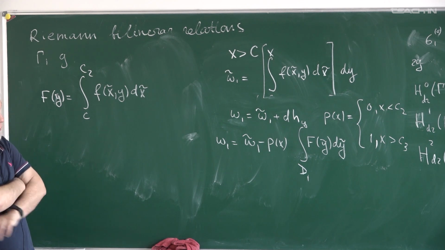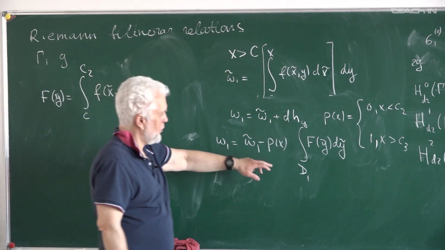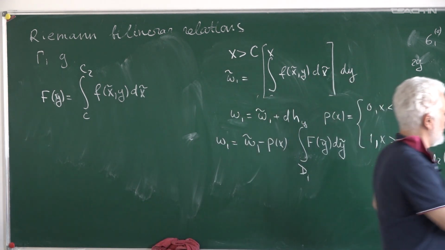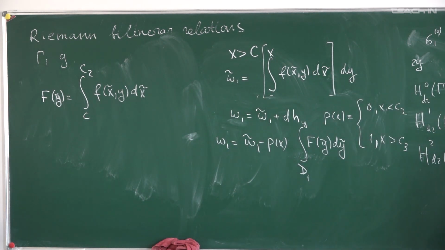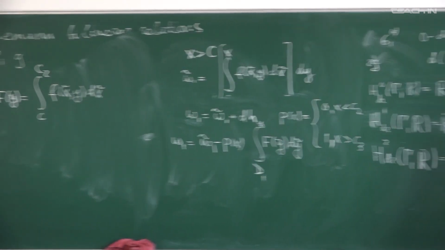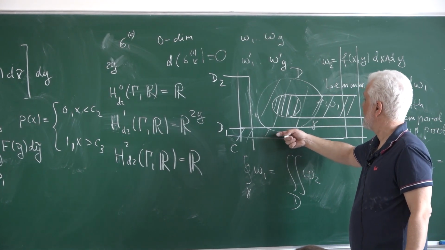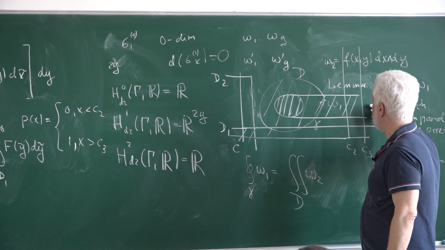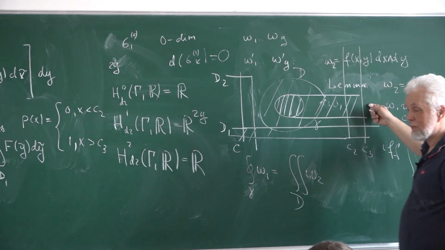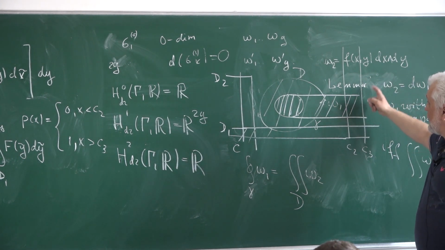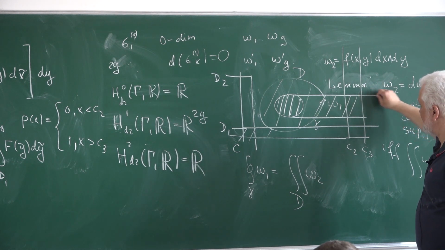Now, let's look at the formula first of all. In the area before d1, everything is equal to 0, you agree. Here omega 1 is equal to 0, you agree. And what happens here?